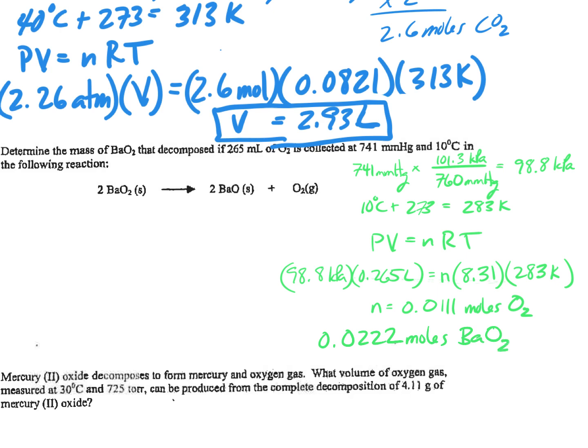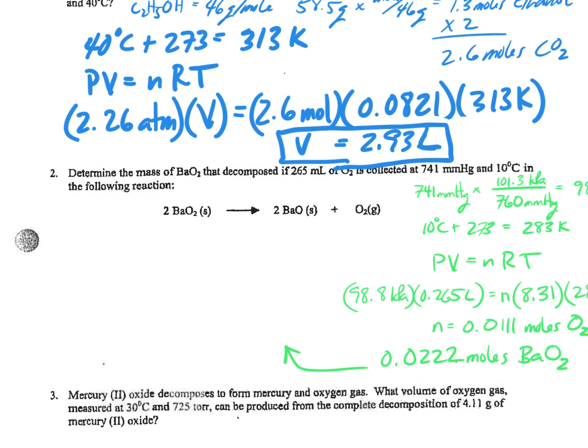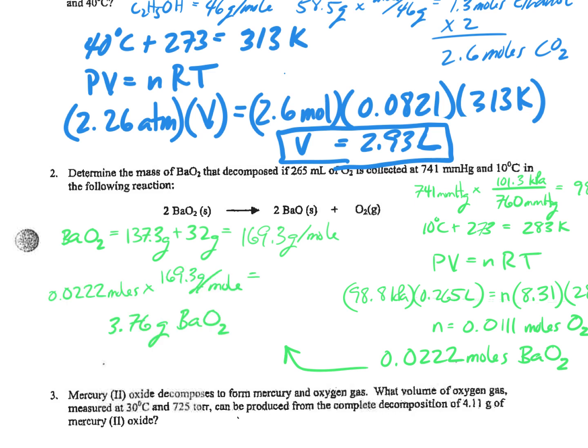All right, now what we need to do is find the mass of that in order to solve this problem. All right, so the molar mass of barium peroxide is 169.3 grams per mole. All right, so converting moles to mass, I got 3.76 grams of barium peroxide. All right, I'll leave it at that.